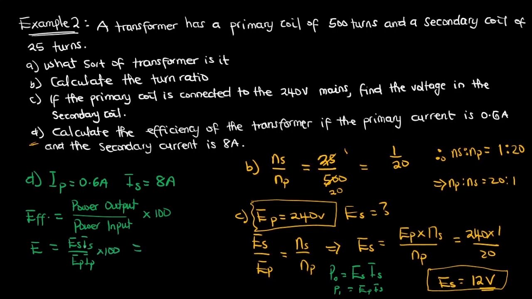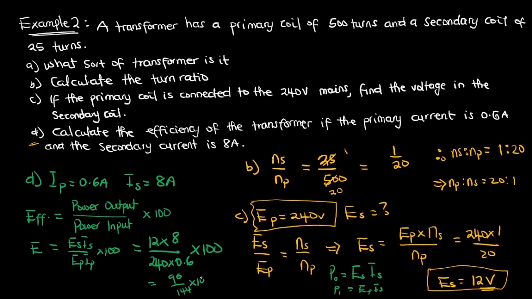Which is equal to the ES we found, which is 12, multiplied by the IS, 8 over here. Then we divide that by, remember we are multiplying all by 100, our EP, the primary voltage, which is 240, multiplied by our current in the primary, which is 0.6 over here, right? So 12 multiplied by 8 will give us 96, and then 240 multiplied by 0.6 will give us 144.